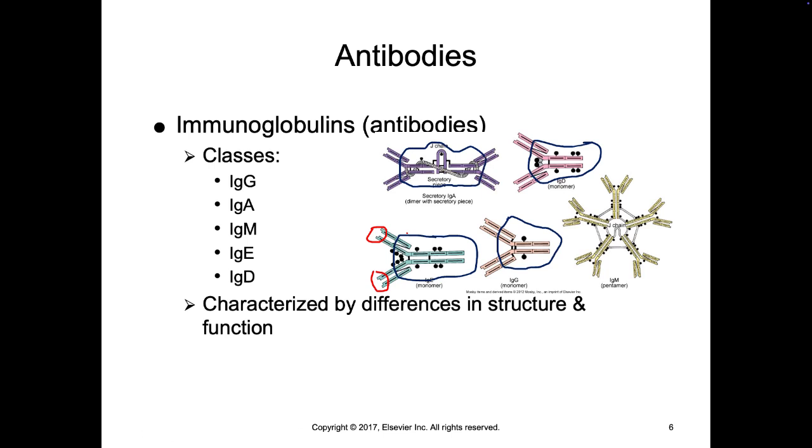Okay, let's just go ahead and finish out what we're doing here. Okay, so here is an antigen binding region, here is one. The antigen binding regions on a given antibody are identical, so you can engage two antigens at the same time per monomer, right? And then I won't circle all these. That's a pentamer.